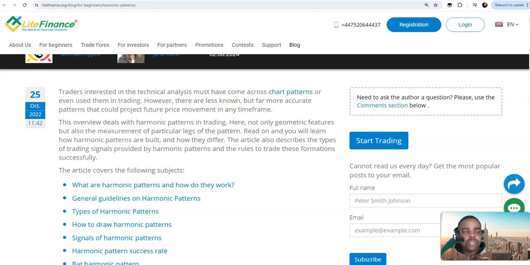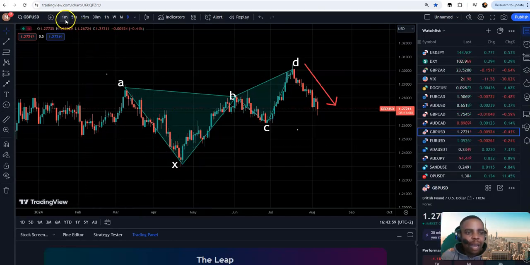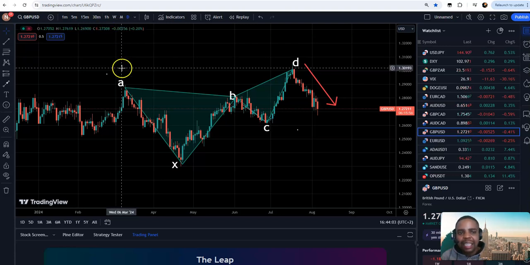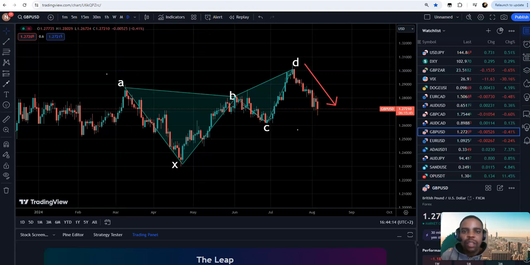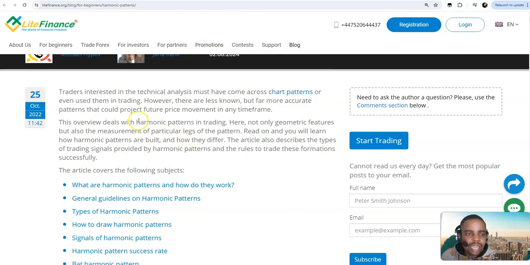All time frames, all of them. You can have a 1 minute chart, 5 minute chart, 15-minute chart, 30-minute chart, it doesn't matter. All harmonic patterns apply to all time frames. That's what I'm trying to say. So they are relevant in all time frames.